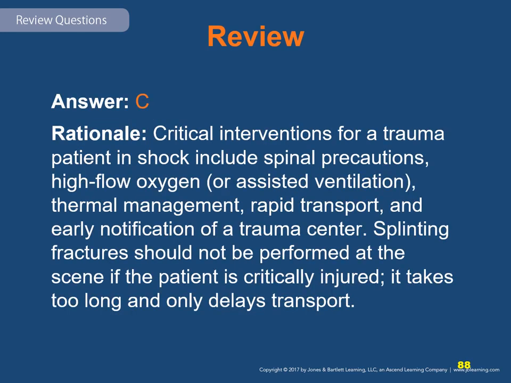The correct answer is C. Critical interventions for a trauma patient in shock include spinal precautions, high-flow oxygen or assisted ventilation, thermal management, rapid transport, and early notification of the trauma center. Splinting fractures should not be performed at the scene if the patient is critically injured. It takes too long and only delays transport.